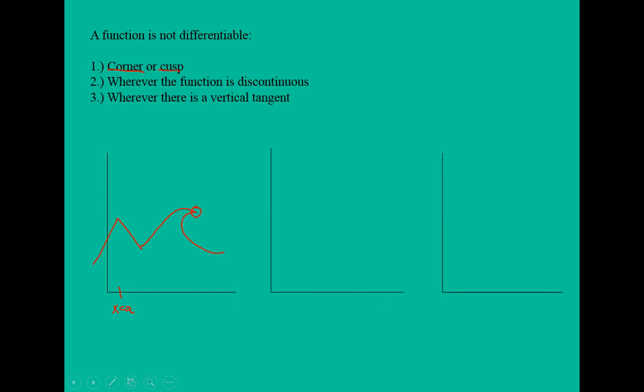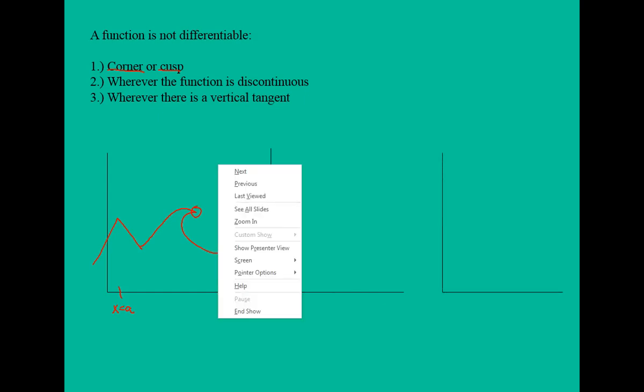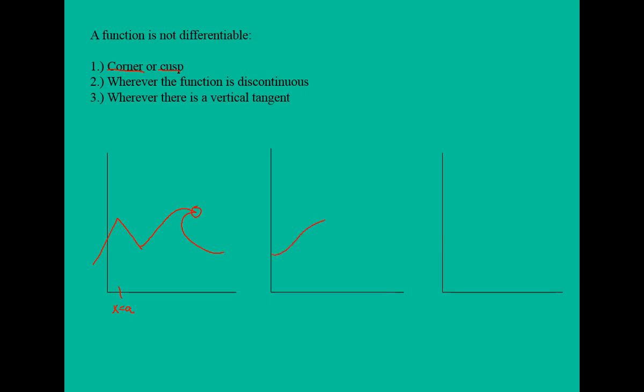Another way is whenever the function is discontinuous. So if we had a function that looked like this, that's discontinuous at x equals a, therefore it is not differentiable at a. Now it is differentiable all the way up to a, but not at a.